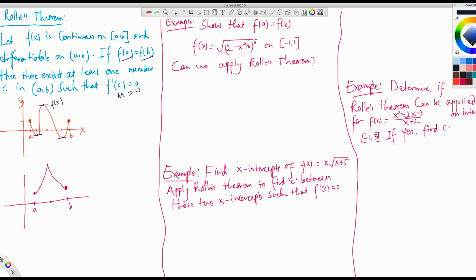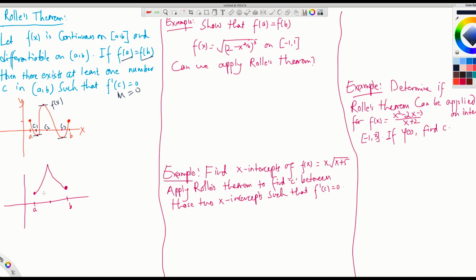So the function is continuous between a and b including the boundary, and differentiable between a and b, and if the height of the function at the boundary is equal, then you will get at least one point between a and b. There are 3 points here. Let's denote them as c1, c2 and c3. Those are the 3 points where the slope of the tangent is parallel to the x-axis.